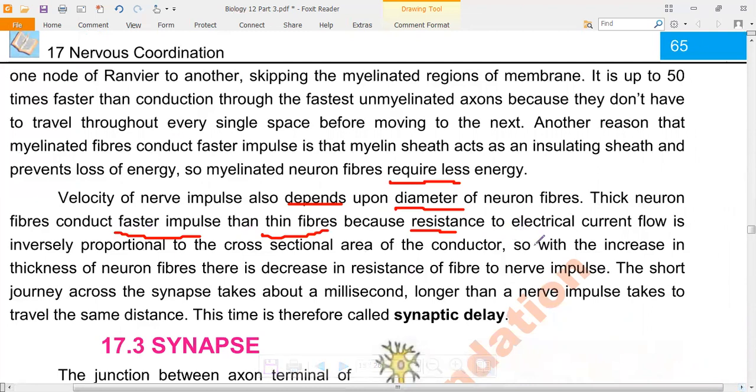Electric resistance to current flow is inversely proportional to the cross-sectional area. So if the cross-sectional area is thin, it will suffer more resistance or disturbance in passing the charges. If it has more diameter, it requires less resistance to pass the charges, so this will move the current much faster.